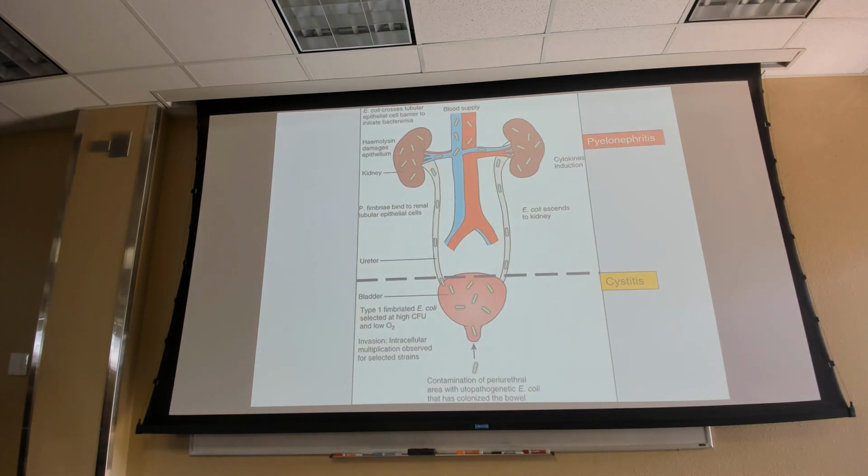I find that I say this a lot and it still doesn't stick for some reason. So I have a picture now of it as well, okay? That little crosshatch line right here, right? If the little critters haven't made it past the bladder, you have cystitis. If they have crawled up into the kidneys, you have pyelonephritis.